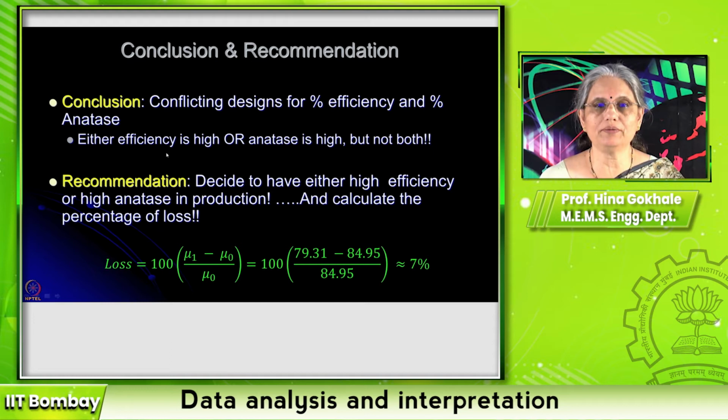In your case, if you are the experimenter, you have to take a call whether you want a high efficiency or you want a high percentage anatase in production, and then decide what is your loss, what is your percentage loss. Generally percentage loss is defined in this manner.